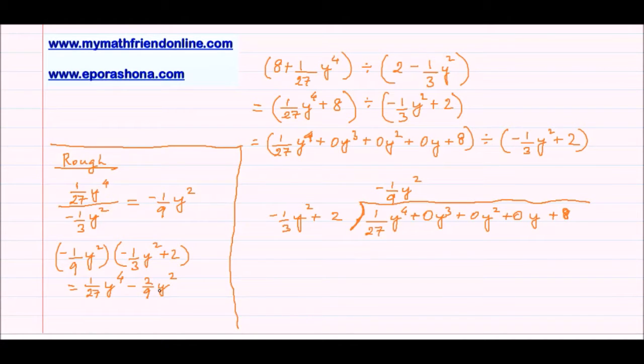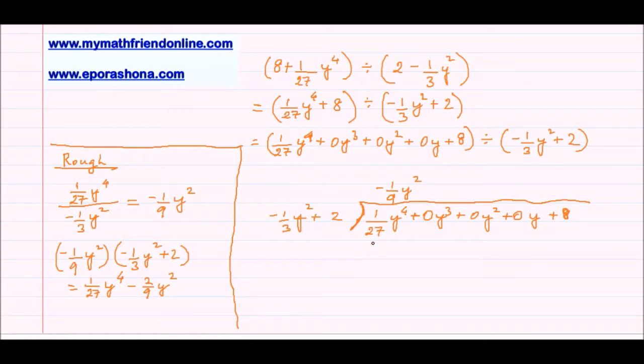Next, we will be writing this product as the next line under this dividend, and we will be writing like terms. I will be writing 1 by 27 y to the power 4 under this 1 by 27 y to the power 4. So we will be grouping the like terms.